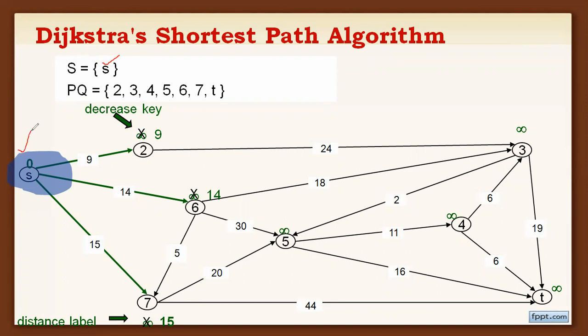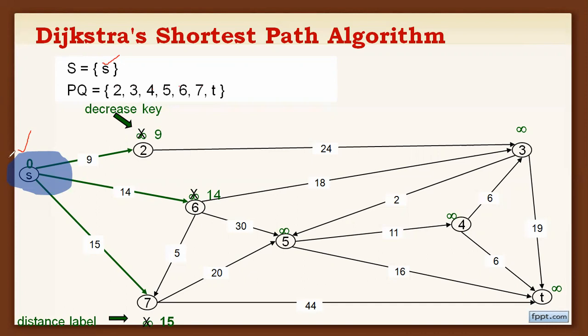This vertex is already visited, so that's why I kept it here. And which vertices do we need to visit later on? We need to visit vertex 2, vertex 3, vertex 4, vertex 5, vertex 6, vertex 7, and vertex T. These nodes need to be visited later on.